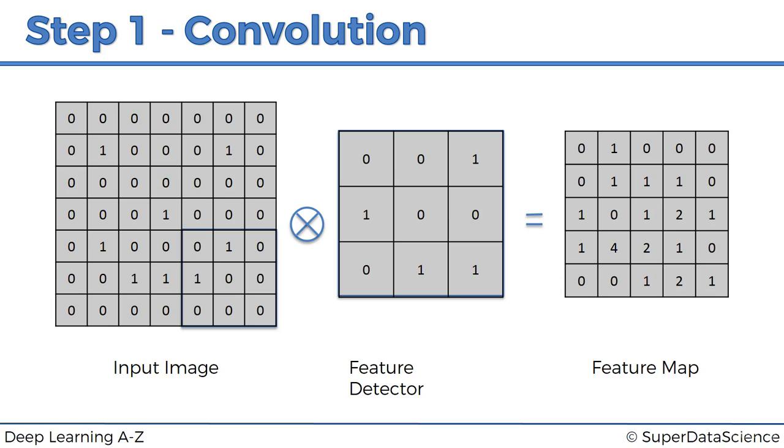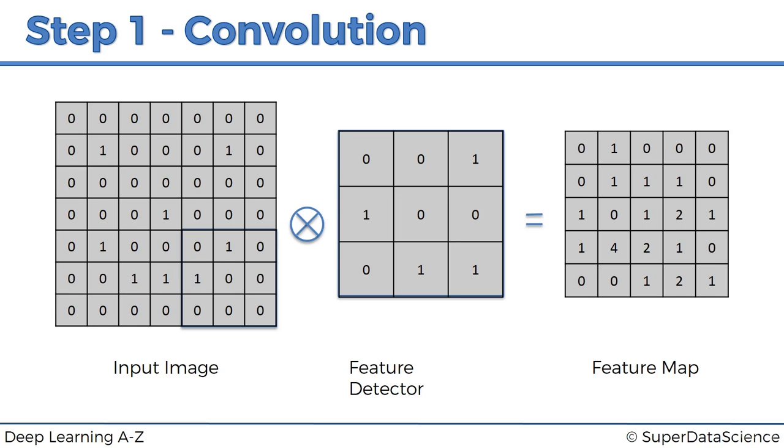Are we losing information when we're applying the feature detector? Well, some information we are losing, of course, because we have fewer values in our resulting matrix. But at the same time, the purpose of the feature detector is to detect certain features, certain parts of the image that are integral. If you think about it this way, the feature detector has a certain pattern on it.